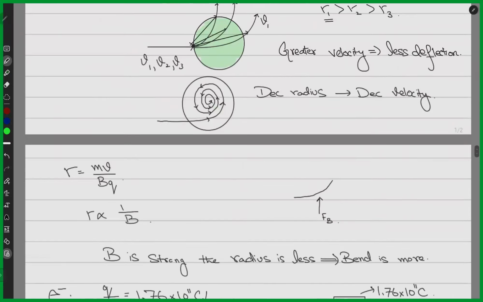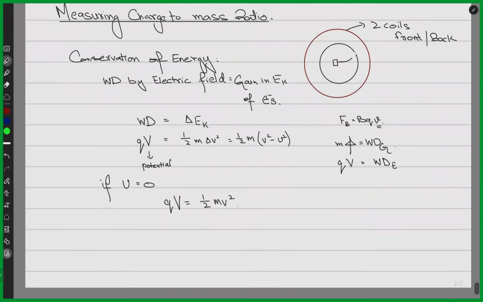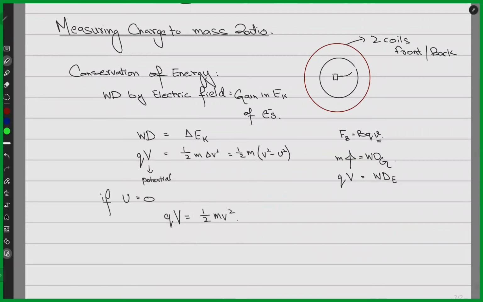I want velocity on one side and all other quantities on the opposite side. Just rearranging this equation, it's not a big deal. So velocity is equal to the square root of 2qV, with m in the denominator, so divided by m. And to get rid of the square, we just take the square root of the entire thing.